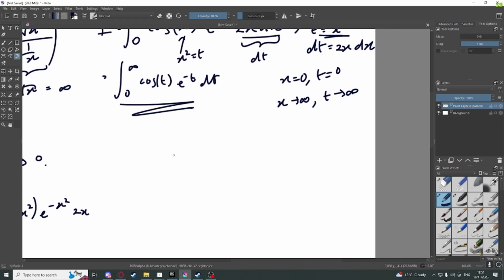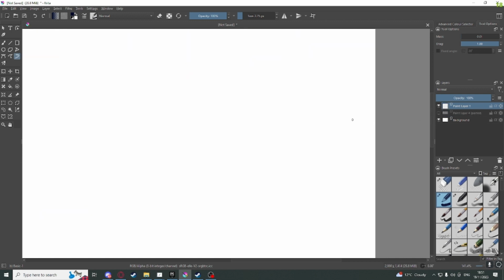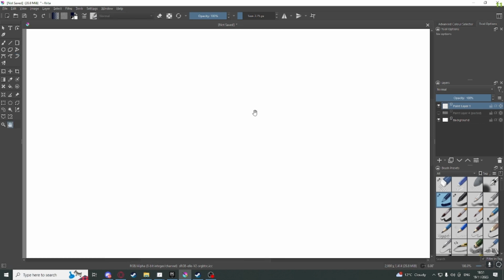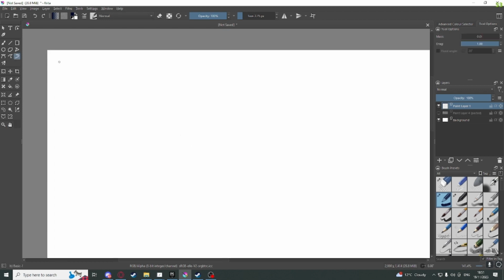Okay, now let's integrate this. So let me pull up a new page. Let me just write here that I is equal to my integral from 0 to infinity of cos of t e to the negative t dt.